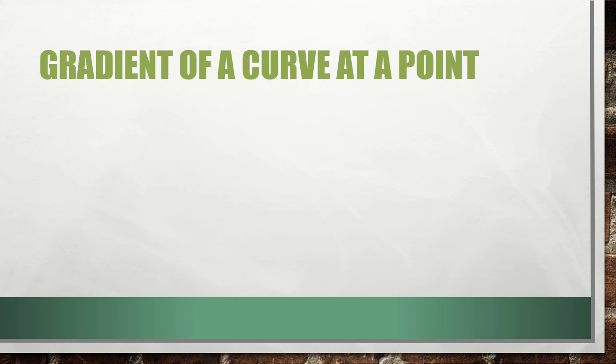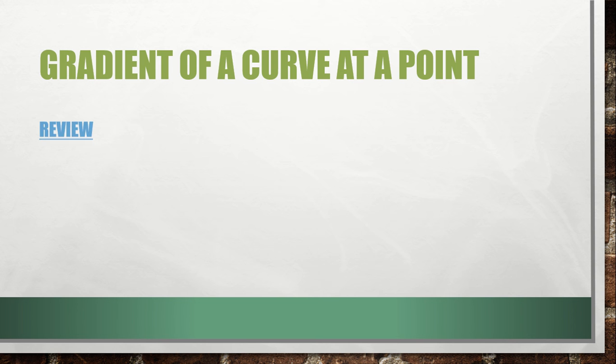Gradients can also be from curves. So the question is, how do we get the gradient at curves? That's quite strange, because you will find that at different points the gradient will be changing. Why should they be changing, and yet we should be able to find the gradient? That's what differentiation shall explain in this case.